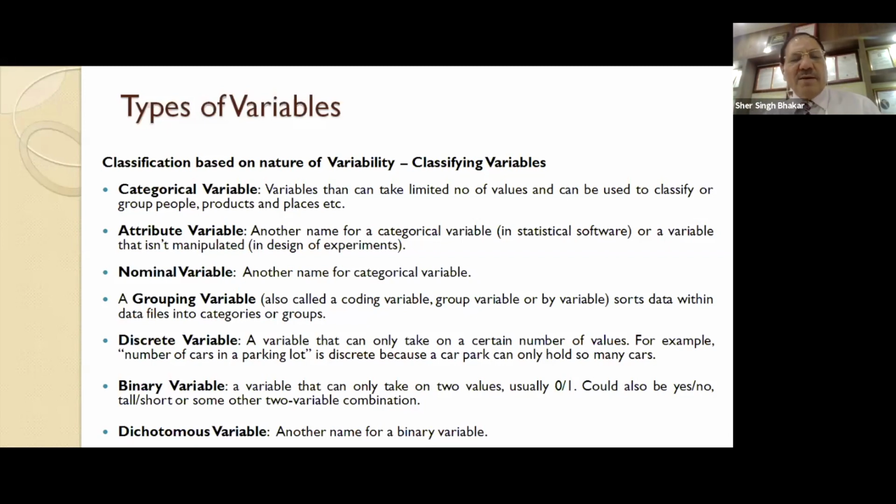So dichotomous variable is also a category variable. So these variables are used for classifying population into various groups, right? But look at the different names that are used, and the majority of them are similar in nature and they are used for the same purpose.